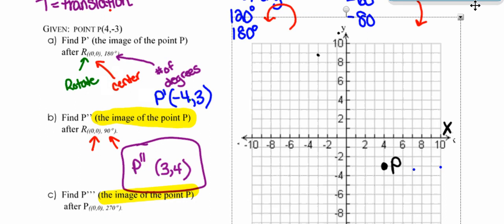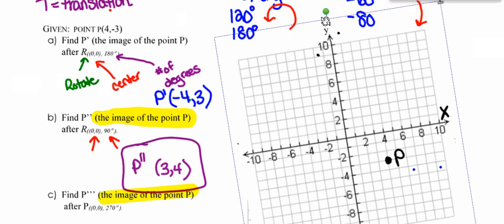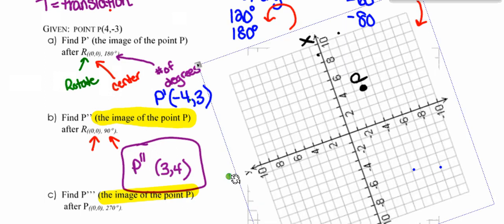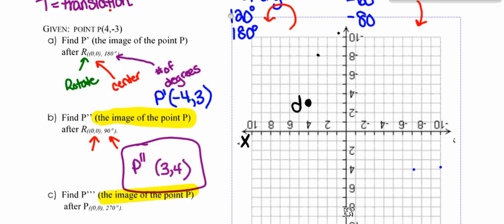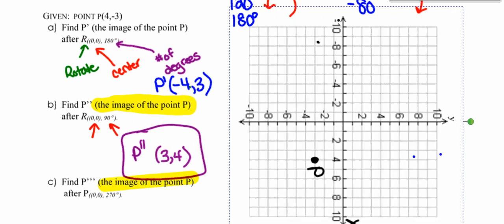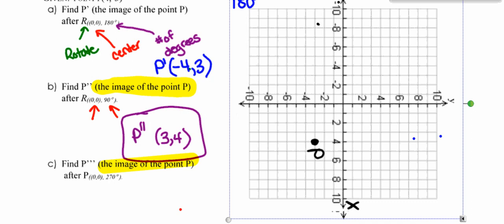All right, so to turn 270 degrees, I'm going to go 3 sets of 90 counterclockwise. So there's 90, there's 180, there's 270, and now I'm going to record where point P ended up.